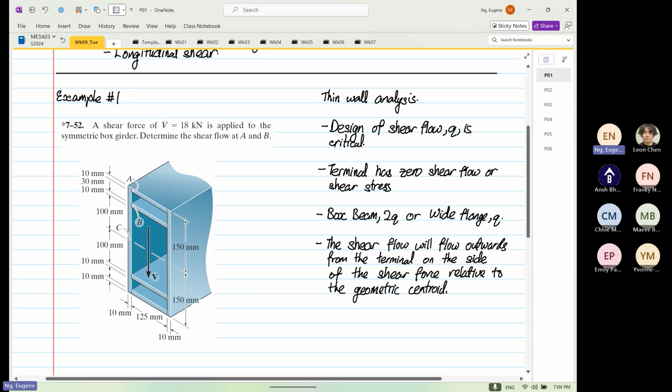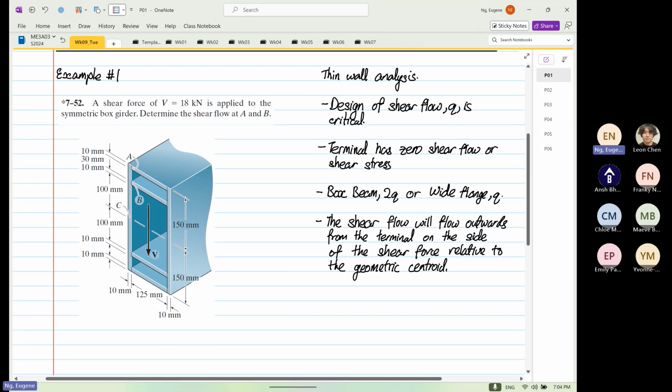And the most critical one, we already know the thickness T is perpendicular to the shear flow vector.